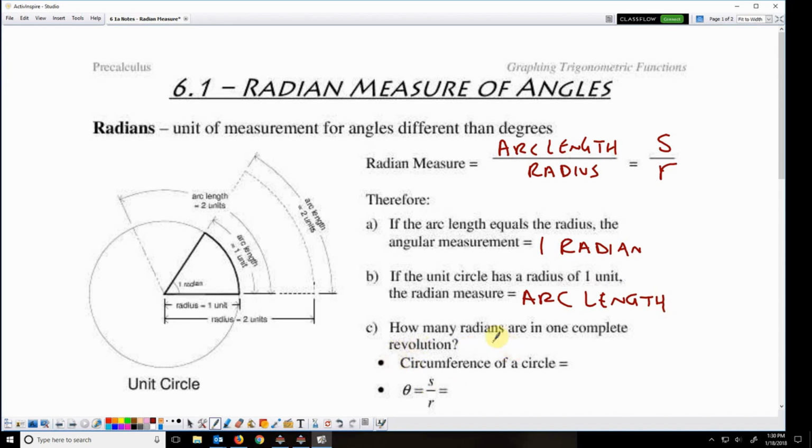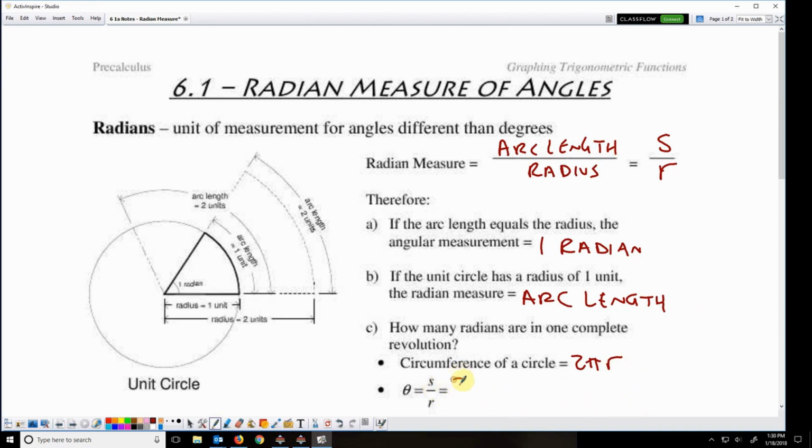So how many radians in one complete revolution? All the way around a circle, that's 360 degrees, but how many radians is that? If you're going all the way around, then the arc length is the same as the circumference. The circumference is 2 pi times the radius.